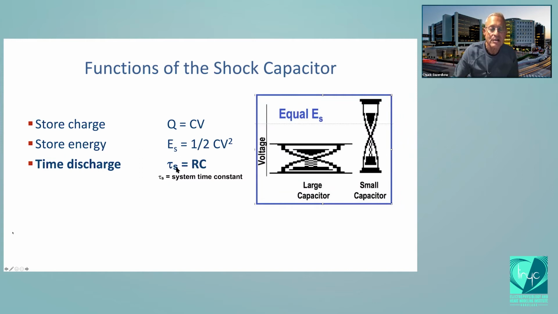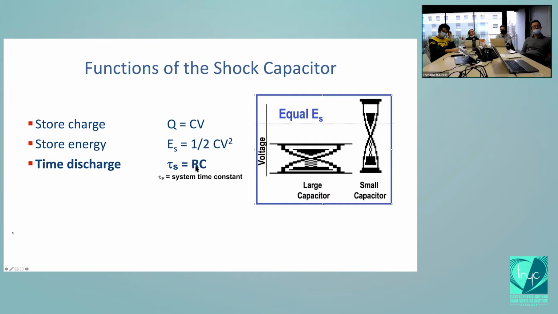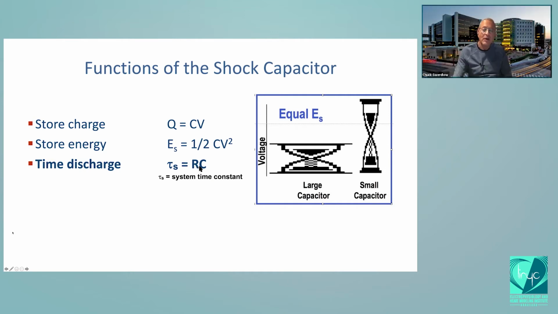The time constant is a measure of how fast the electricity comes out of the capacitor. The voltage goes down by about 2/3, actually exactly 63%, or to 37%, or 1/e, the base of natural logarithms, of the starting voltage. And that time for discharge depends on 2 things.